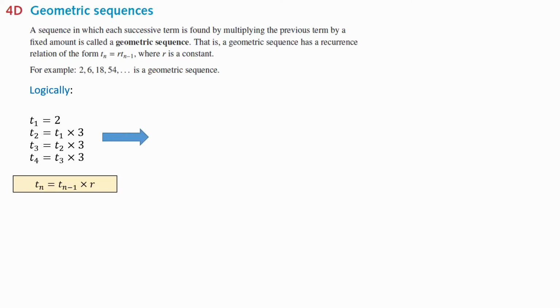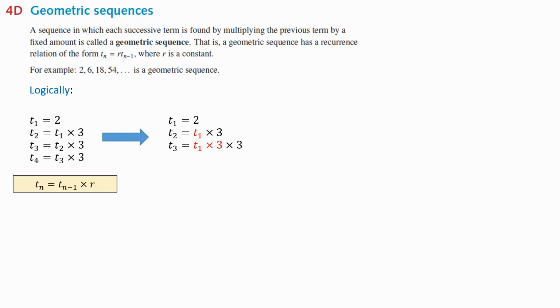So what I would do is say, all right, T1 is 2. T2 is T1 times 3. Fair call. But T3 is what T2 is times 3. So why don't I just replace that? Because I want to keep it all consistent. I don't want the previous term.